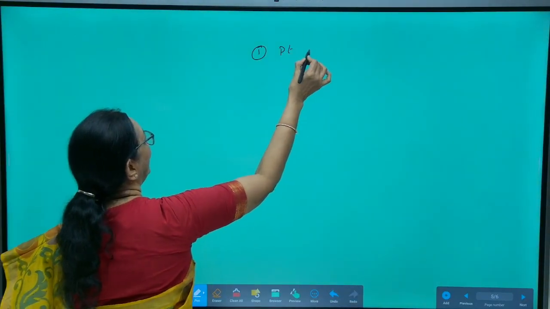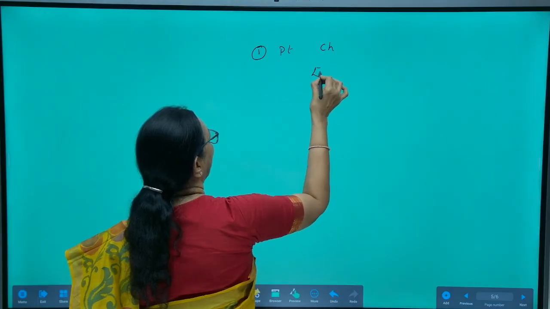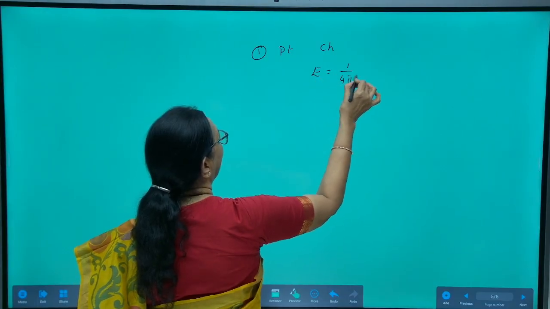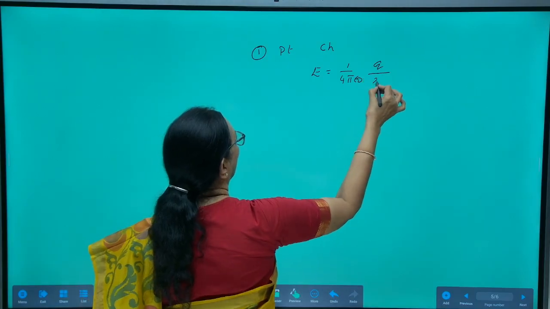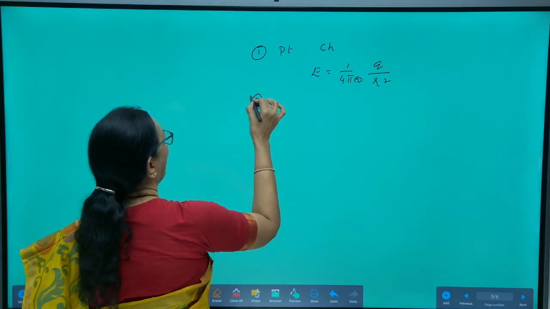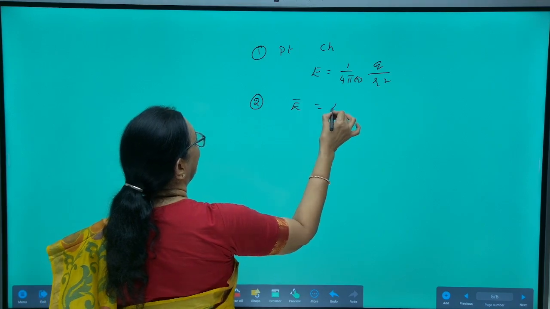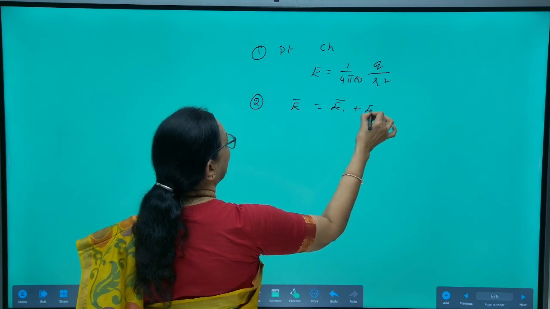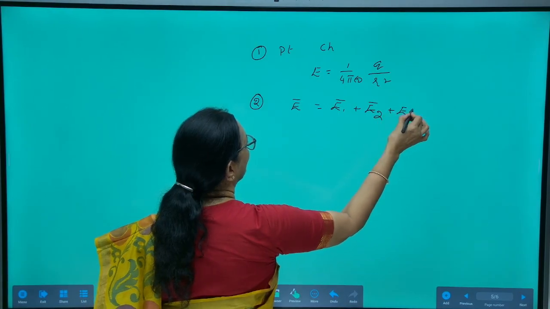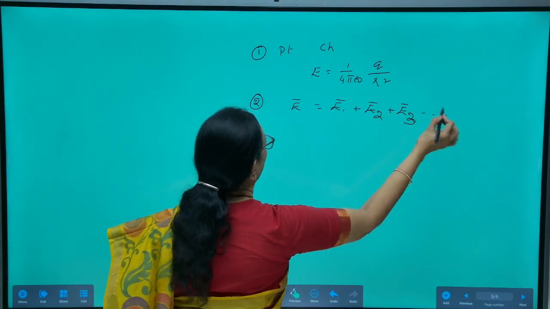Due to a point charge, electric field intensity is 1 by 4 pi epsilon naught Q by r square. Due to a number of charges, electric field intensity is the vector sum of the individual field strengths at that point.